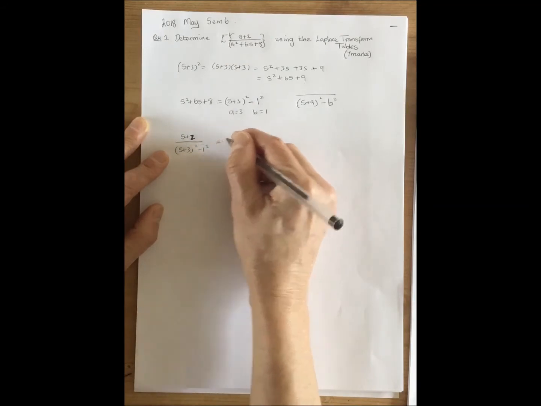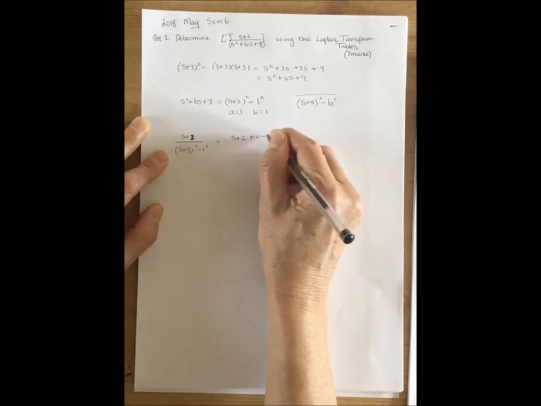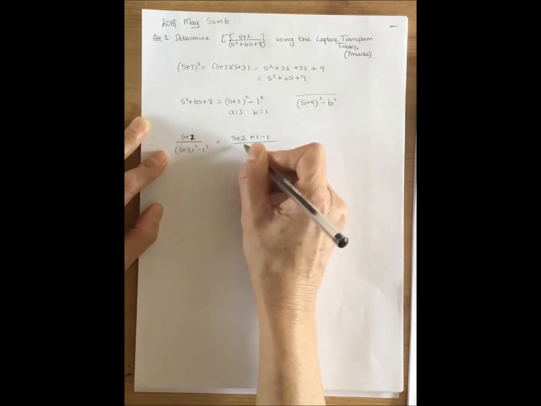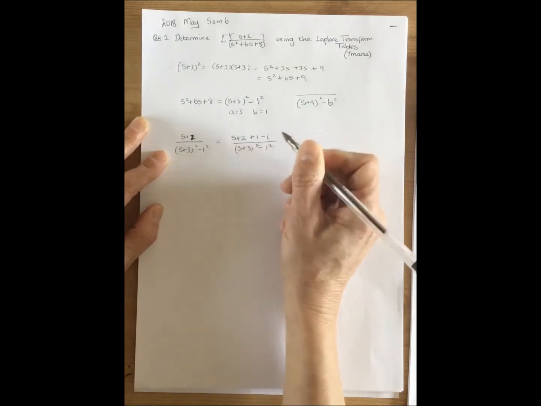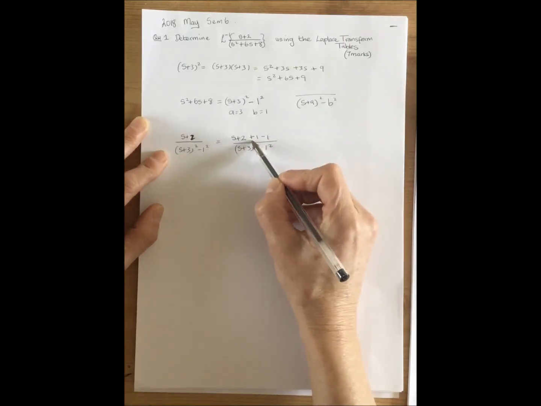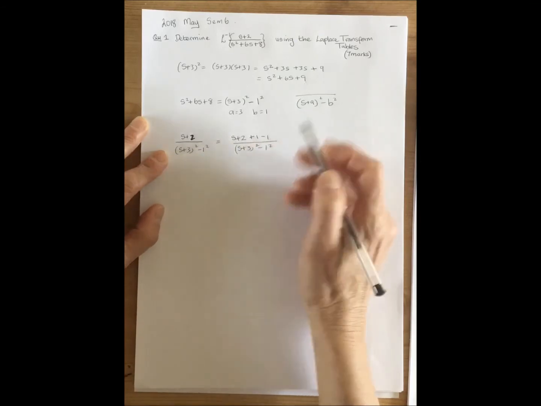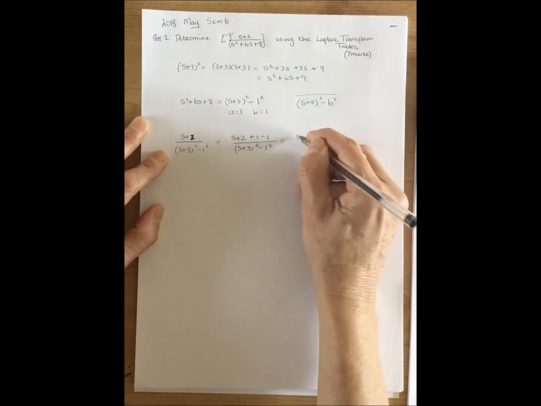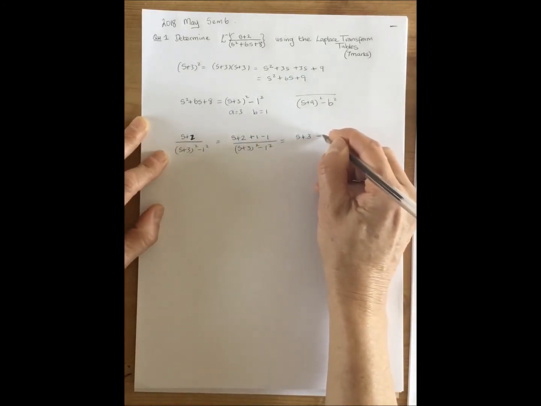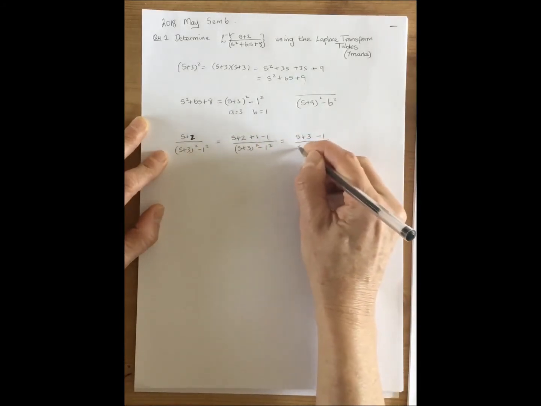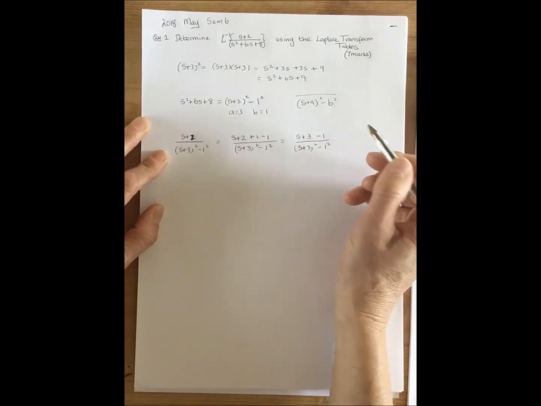And I can sort that out, because I can say s plus 2 plus 1 minus 1 all over s plus 3 squared minus 1 squared. So we've added 1 to it and we've taken 1 away from it. So that still is effectively s plus 2. But if I join these two together, 2 plus 1, 3, minus 1, all over s plus 3 squared minus 1 squared.